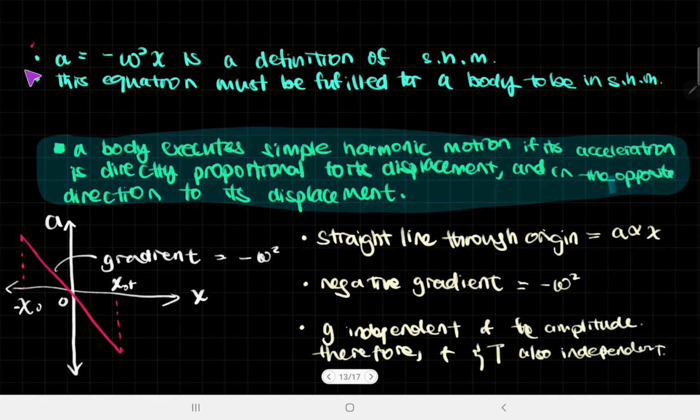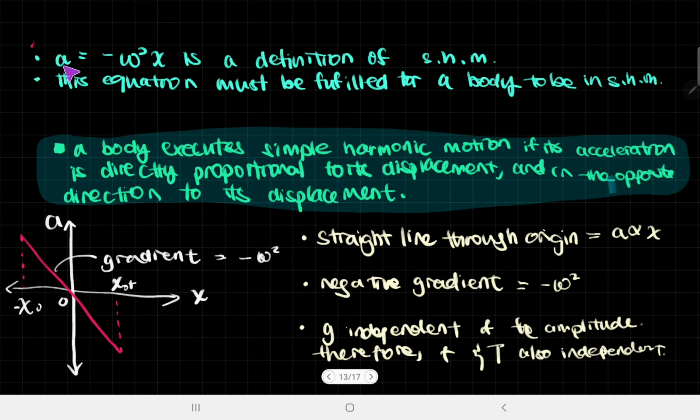So the equation that we just derived, a is negative omega squared x, is a definition of simple harmonic motion, which means that the equation must be fulfilled for a body to be in simple harmonic motion. So a body executes simple harmonic motion if its acceleration is directly proportional to its displacement and in the opposite direction to its displacement. We can get that very easily from this simple equation.